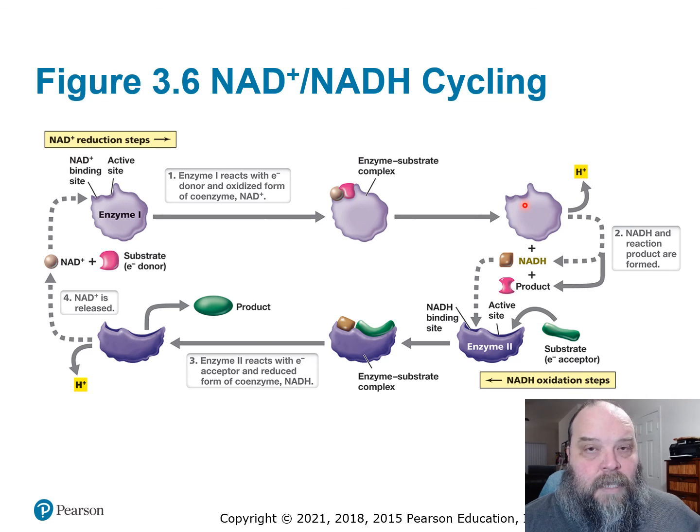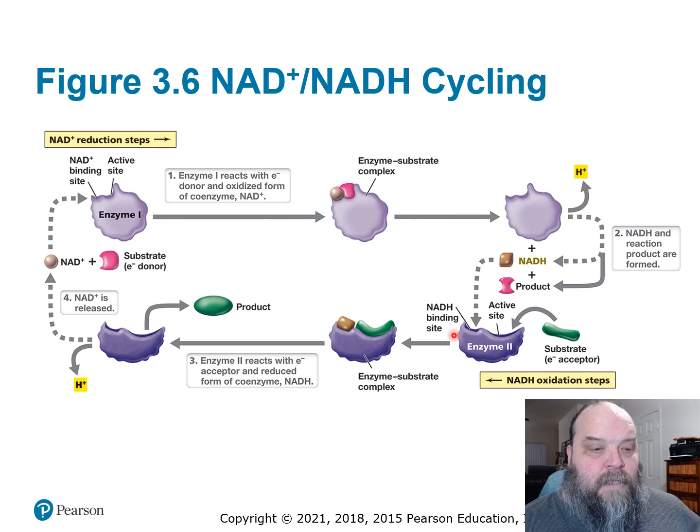Excited electrons/hydrogens are being pulled off, added to NAD to now reduce it to NADH. NADH will take that electron to some other place, some other enzyme, some other protein, transfers it again, gets oxidized back to NAD, goes back to enzyme 1. And we just see this.